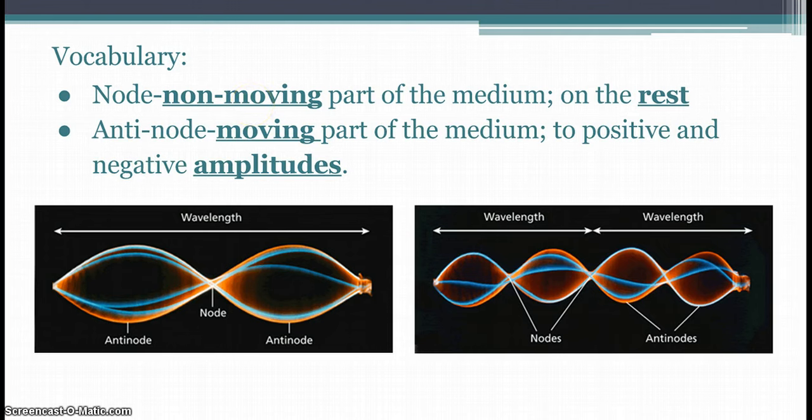But then you have areas where there is a low point of movement of the medium and also a high point at the same place, and that is the antinode. So it is defined as the moving part of the medium, and that would be where the positive and negative amplitudes are. And positive and negative just means positive above the rest line, negative below the rest line.